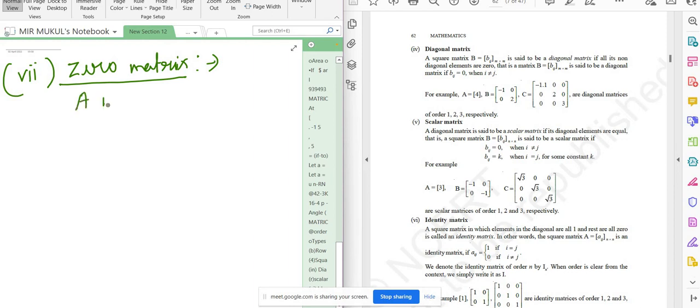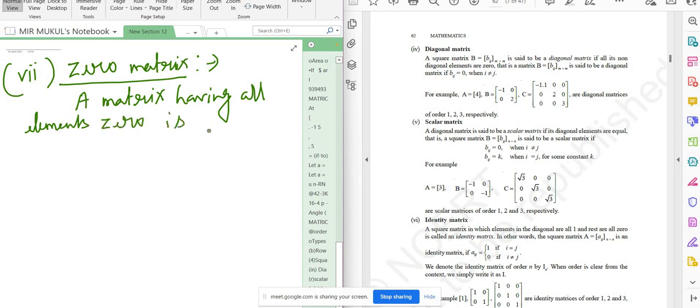A matrix having all elements 0 is called a zero matrix. Here it is not required to be a square matrix or any other type.